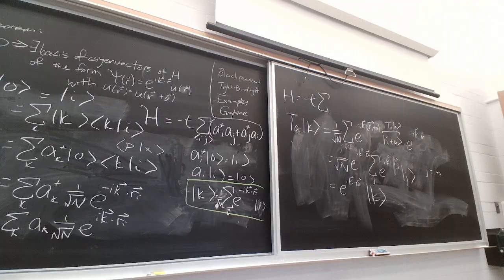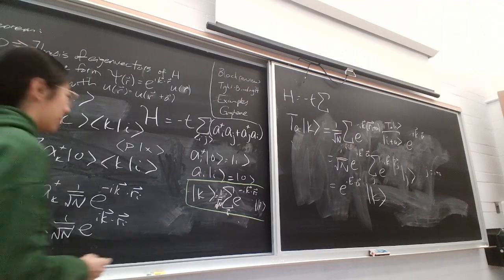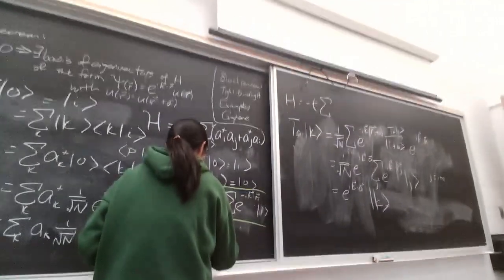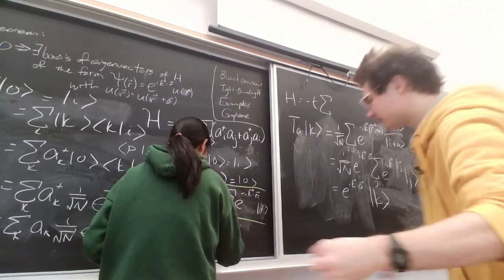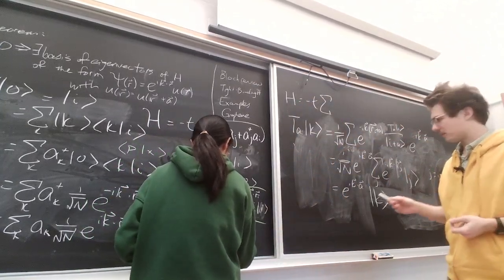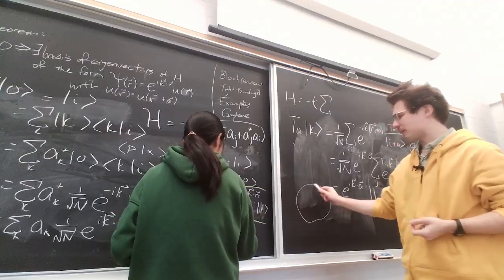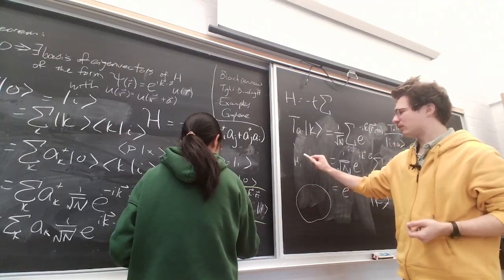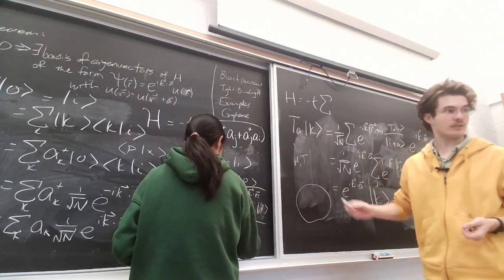And so remember the picture that I drew for Bloch's theorem last time, of how all of these theorems kind of work. I have my whole Hilbert space, right? And suppose I have H and T, which both commute with each other. Do you agree?